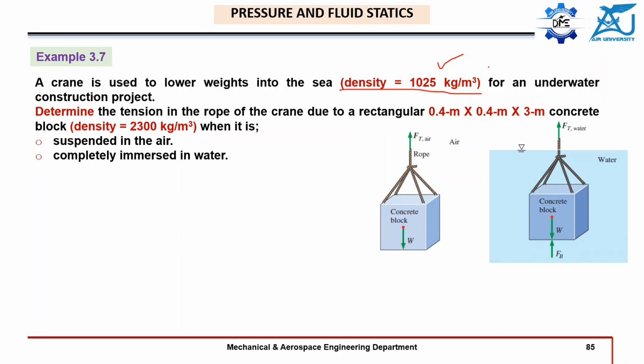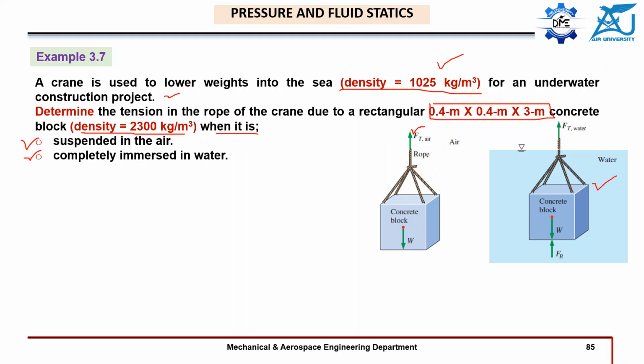Determine the tension in the rope of the crane due to a rectangular concrete block, whose density is given to us, the density of concrete, 2300. Number one, when it is suspended in the air, number two, completely immersed in water. Okay, so first we need to find this Ft when it is suspended in the air, and then Ft when this concrete block is completely submerged in water.